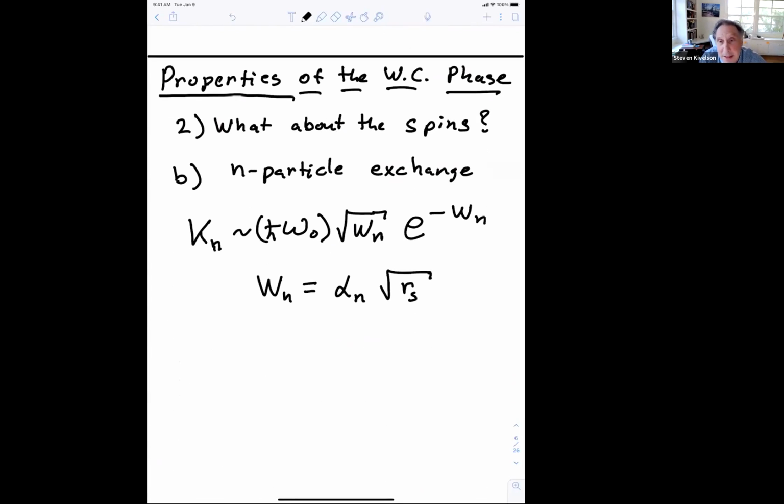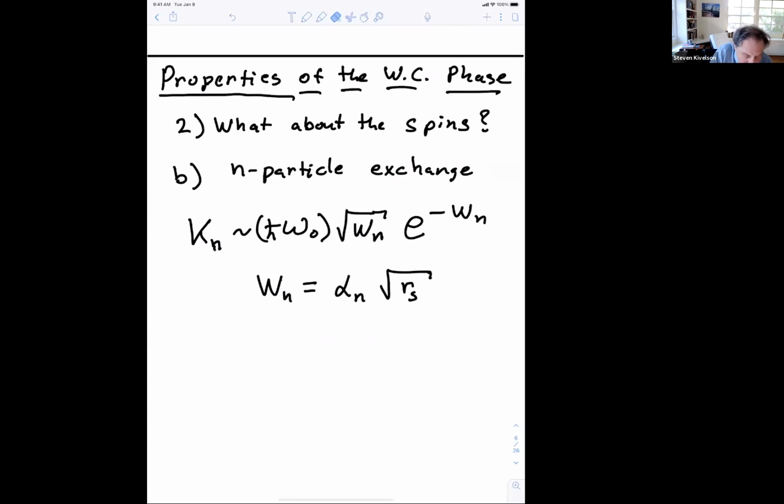So if we go down to zero temperature or low temperature, we're going to have to take into account the exchange processes. And so, as I said, the exchange processes one can estimate by some sort of a WKB calculation.